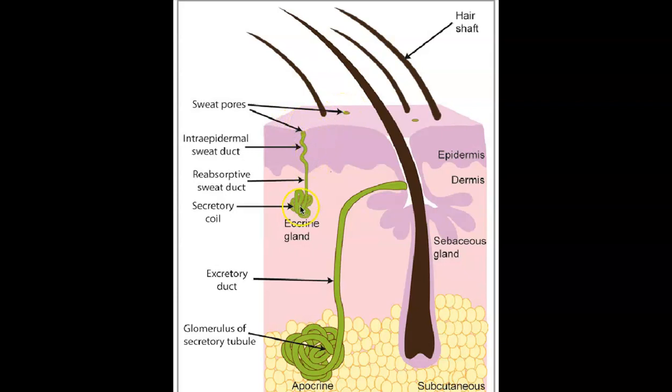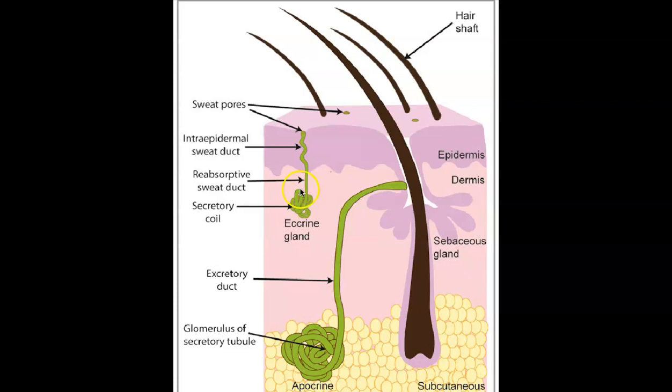Now, for eccrine glands, the substance that they're producing is pretty much water. It's very hypotonic fluid. It does have some salt in it, but not very much. It has a couple of peptides in it that are really important as antimicrobials. You can read about those a little bit more in your textbook. Other than that, its primary function is thermoregulation.